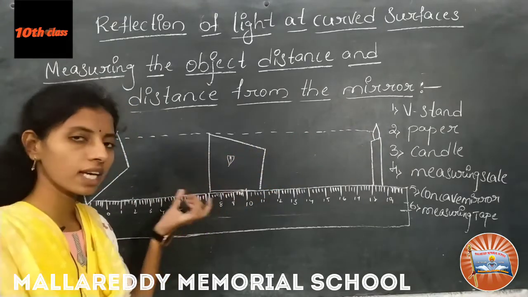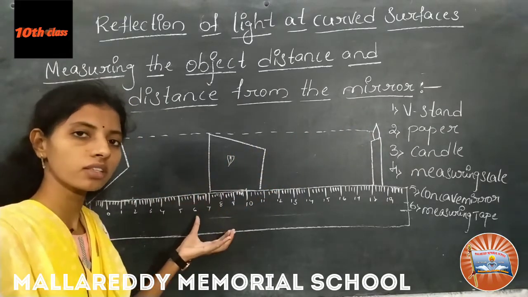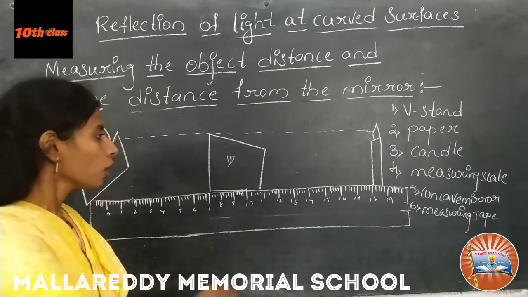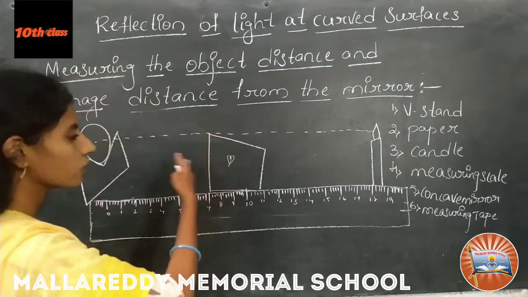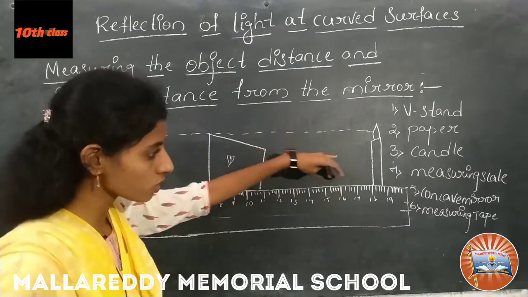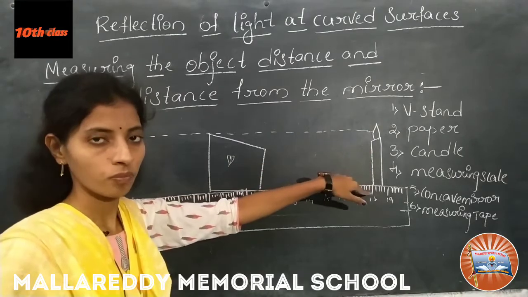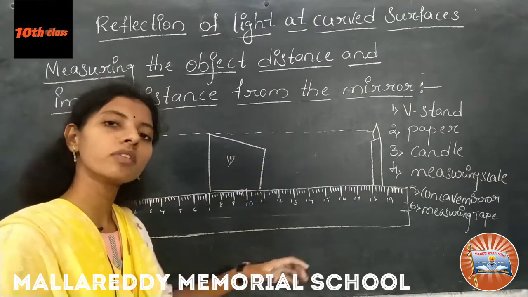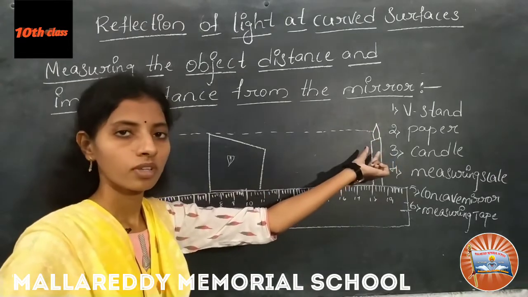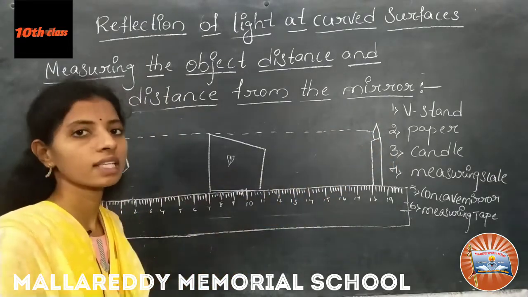So where will we get the sharp image? We have to find that by moving the paper in front of the mirror, and we also have to change the position of the candle. Right? At a certain point we will get the sharp image of this light. That one we have to take here.